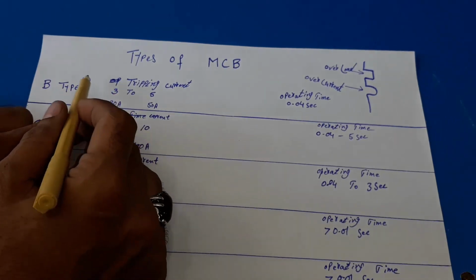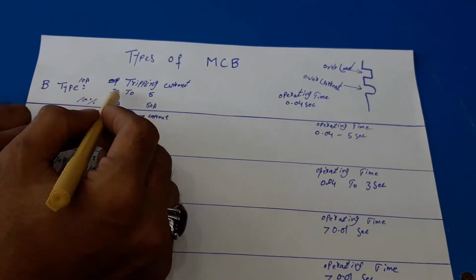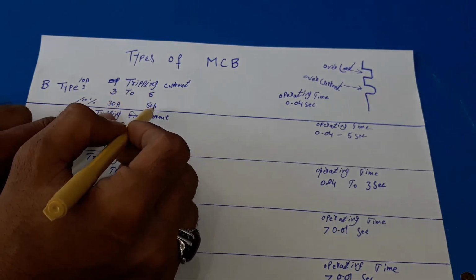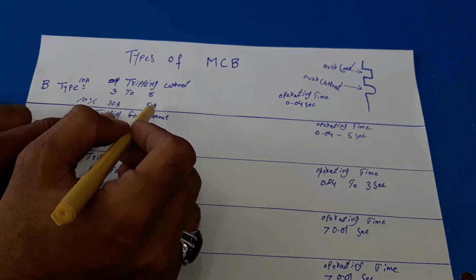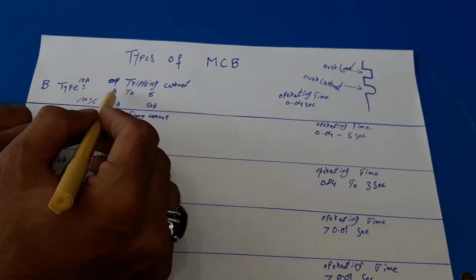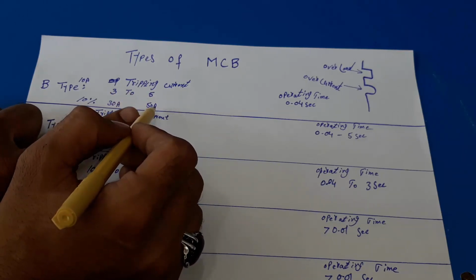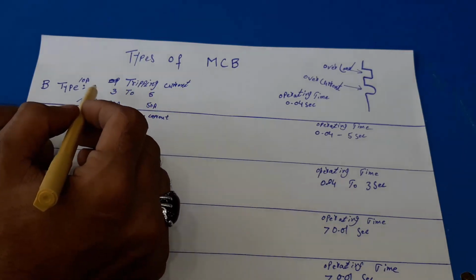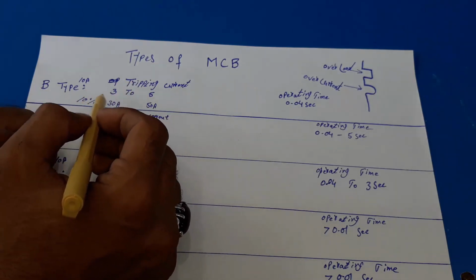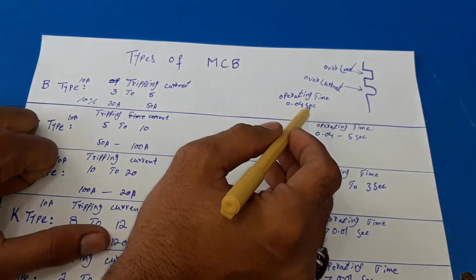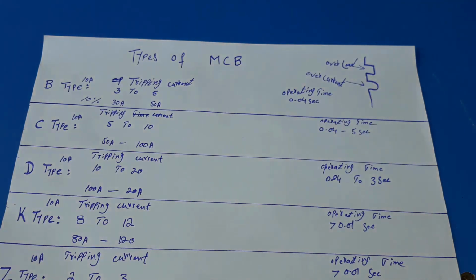Here we show 3 times 10, which is 30 ampere, and 5 times 10, which is 50 ampere. When we pass 30 ampere and 50 ampere overload, this circuit breaker will be tripped, and this MCB type has a 0.4 second operating time.